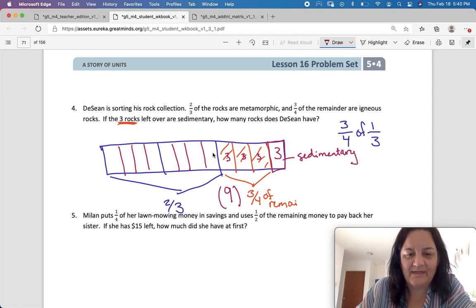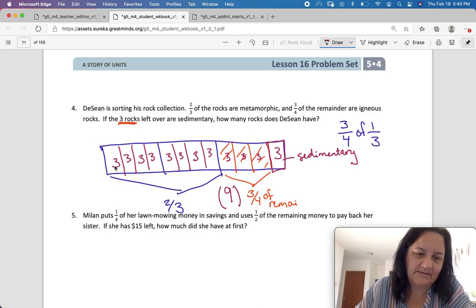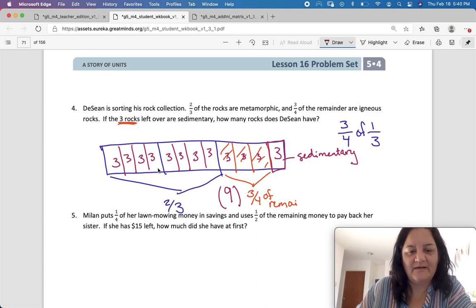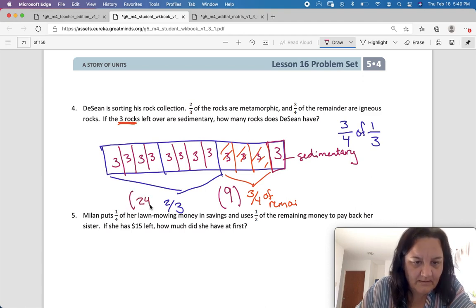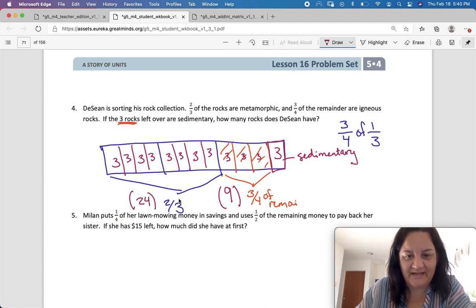And now I know that each of these is 3. So 3, 6, 9, 12, 15, 18, 21, and 24 are the metamorphic. 9 are igneous, and 3 are sedimentary.